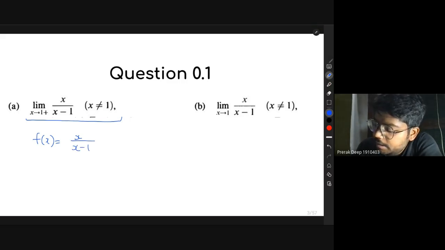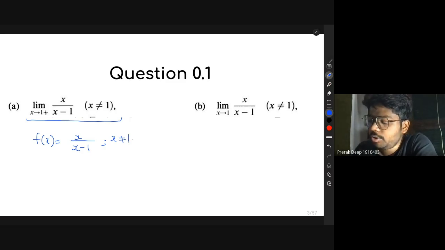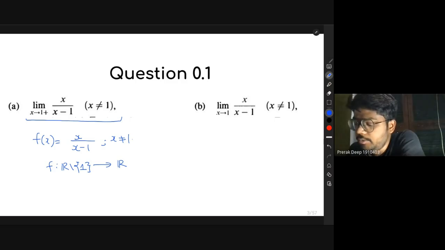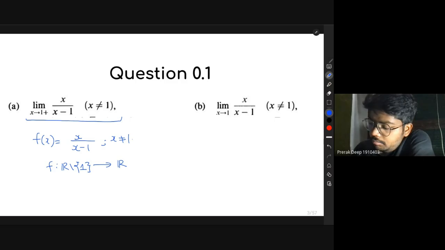This function clearly is not defined at x equal to 1, because the denominator at x equal to 1 will be 0, hence the function will not be real valued at 1. So this function is defined on the domain R minus {1}, and it is taking real values, so it is a real valued function on a real domain. So this is the function we are considering now.